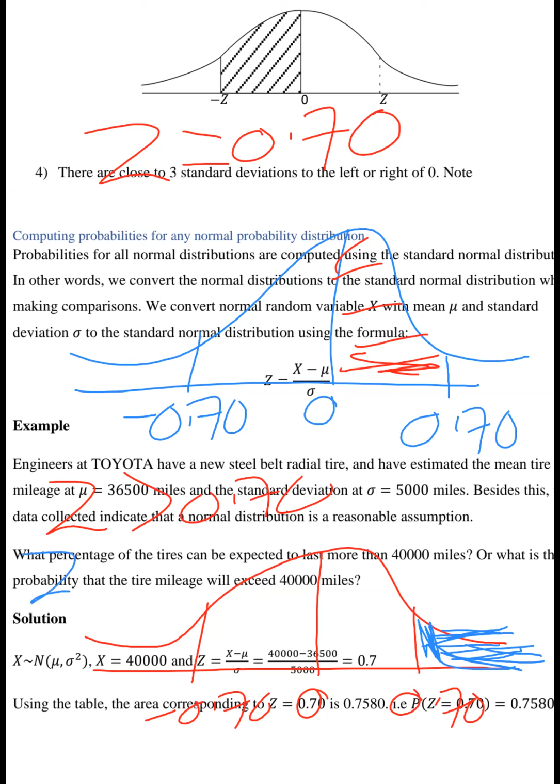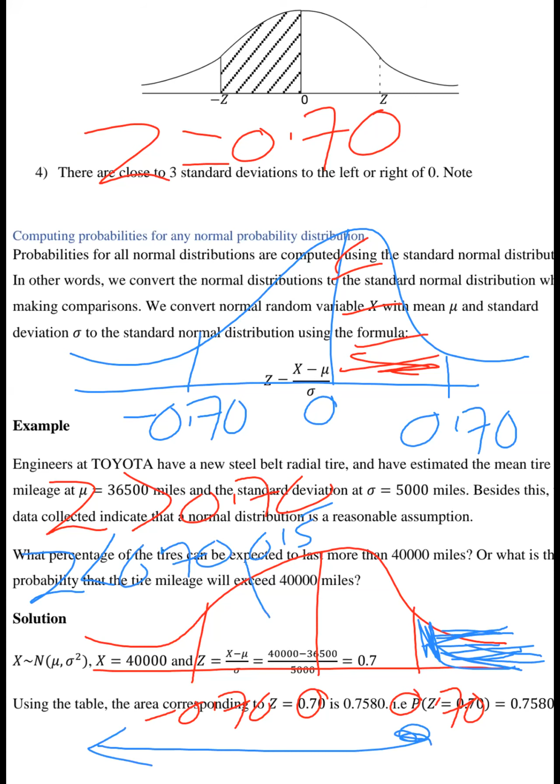Let's say the Z value is less than 0.70. Obviously, it is all this area that is less than 0.70. I understand that this is 0.5, and going this side is 0.5. So this is just the basic thing that you need to understand before you can go to our table.